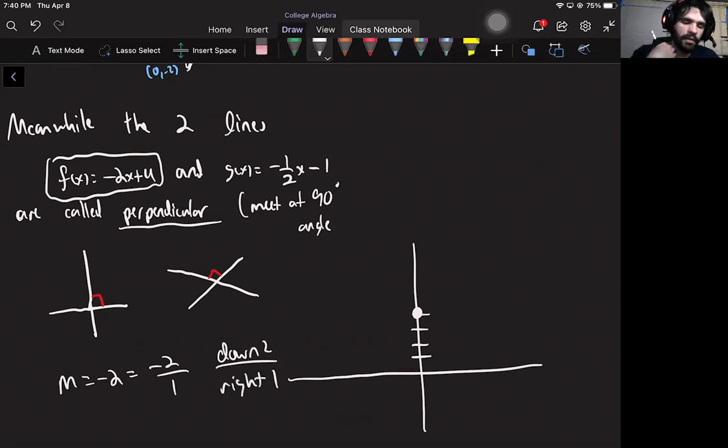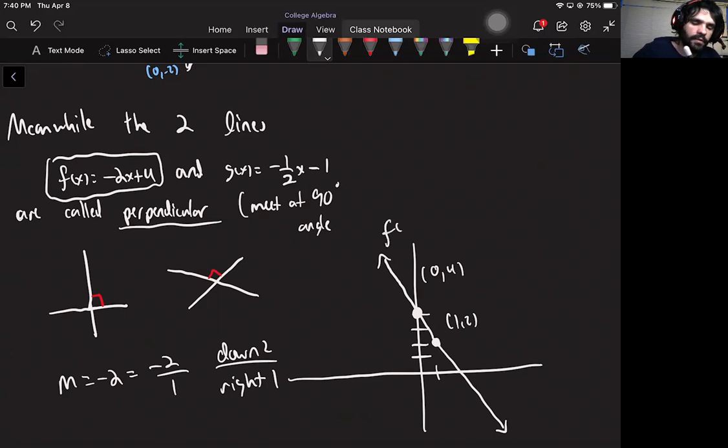If I think about it as a rise over 1 run, I go down 2 over 1 and that takes me there. So this would be (0, 4) and (1, 2). Okay, to see perpendicular lines, you really have to draw them nice and straight so that they actually cross at a 90-degree angle. So let's do our best. Okay, so this is f of x.